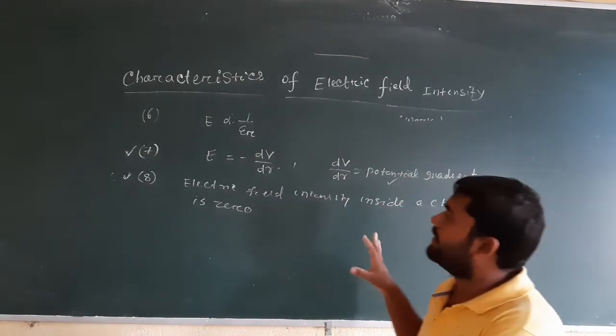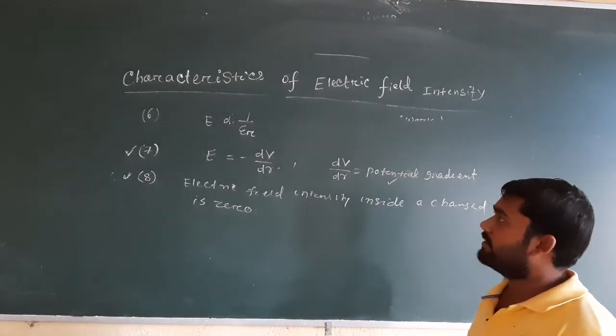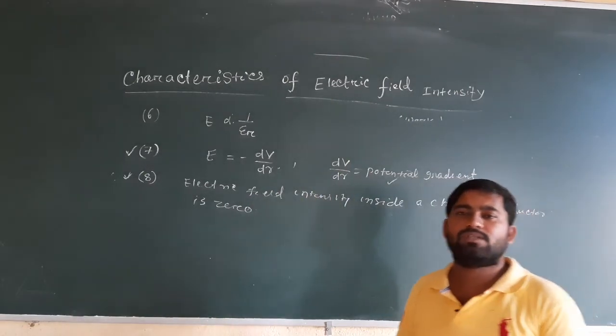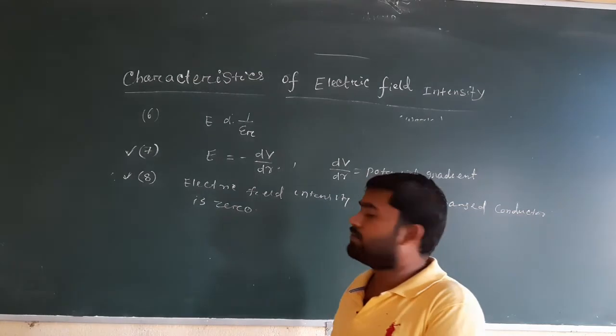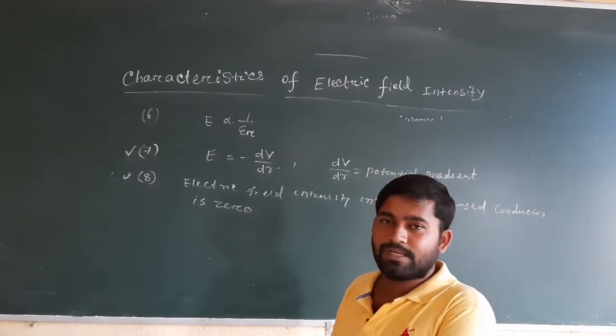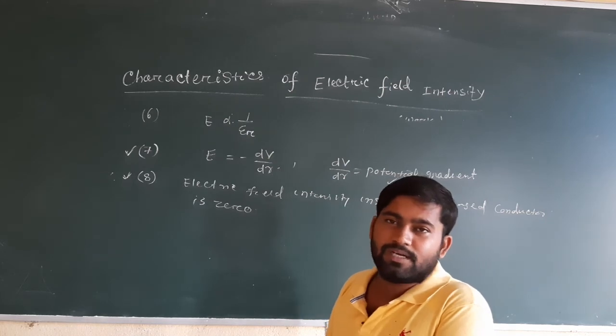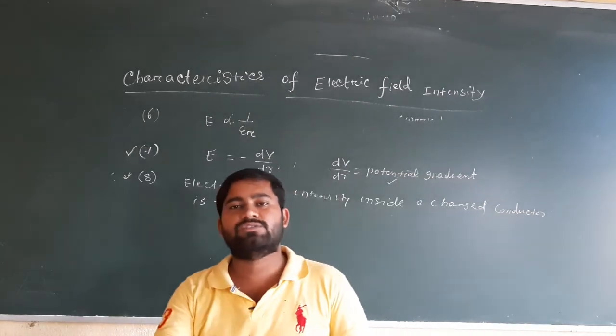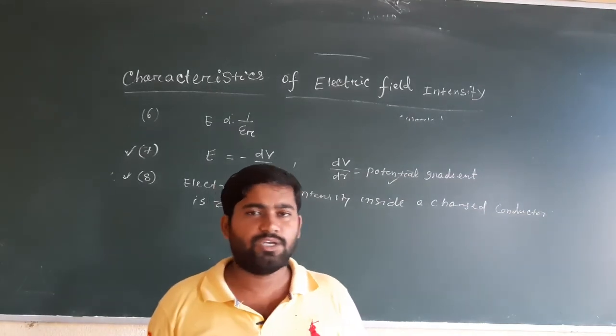So, these are the few characteristics of an electric field: variation with the distance, variation with the relative permittivity, variation with the potential gradient, and how the electric field varies for a charged conductor. For a charged conductor the electric field intensity inside is 0.